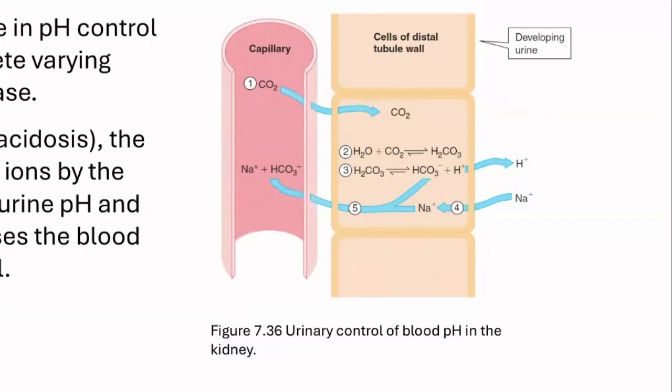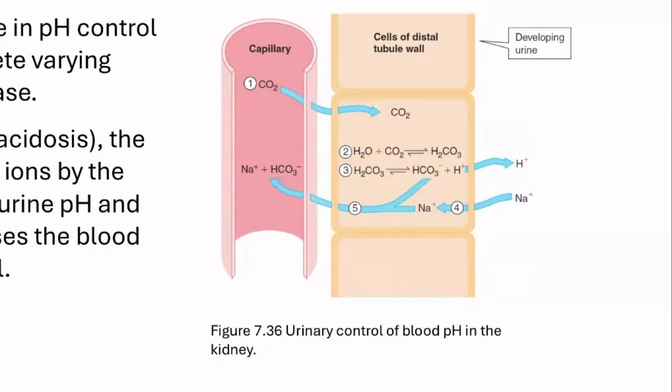We see that the hydrogen ions are sent out into the urine to remove excess acid, while the bicarbonate actually returns to the blood to help neutralize it. You can see that sodium, which is an element in group 1A, comes into the kidney and joins that bicarbonate anion to make a salt of the conjugate base of carbonic acid.